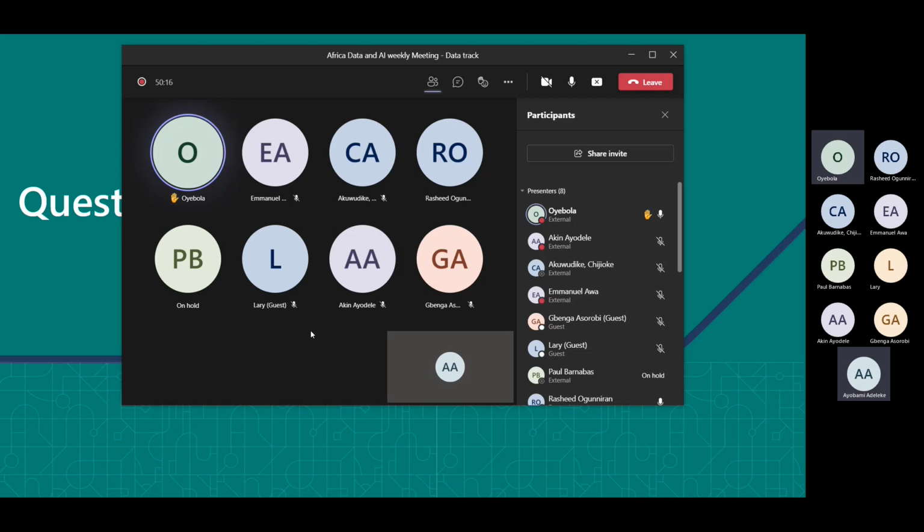Yes, good question. We are talking about relational database management. Are there other tools that one can use apart from SQL?